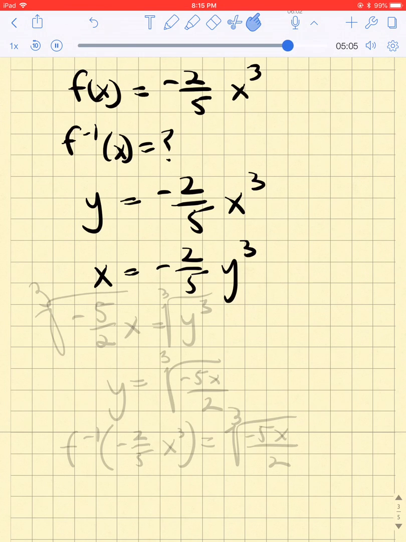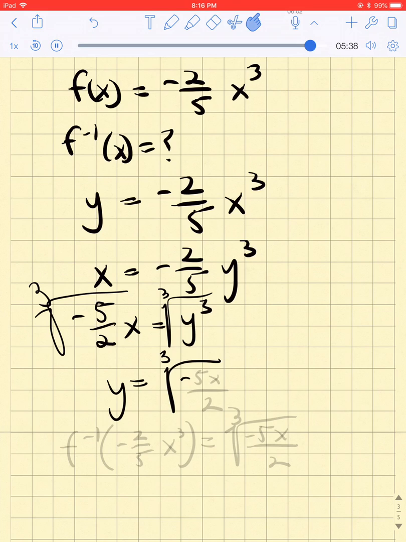From there, I'm going to multiply by the negative reciprocal to get y by itself. I now have negative 5 halves x equals y to the third. And now I can take the cube root of both sides, and I have here y is equal to the cube root of negative 5x over 2.